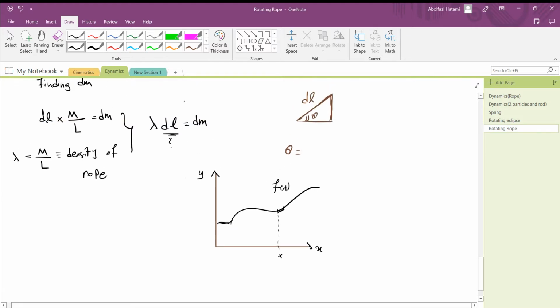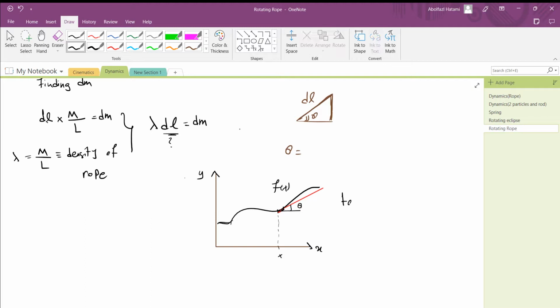Suppose that here our function makes angle theta with the horizontal, where the tangent of this theta is the definition of the derivative.